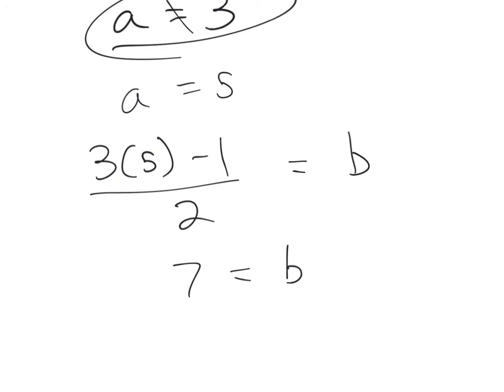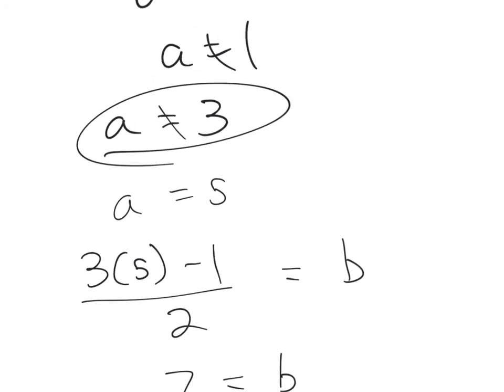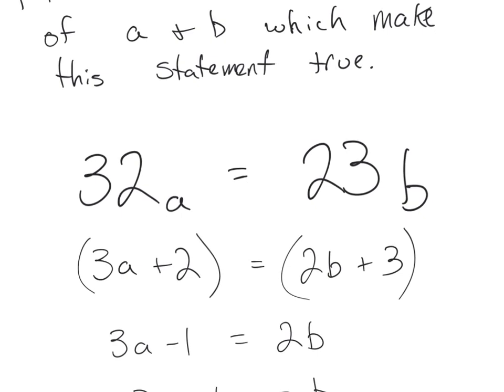Is there any problem with saying that this first one is in base 5, and this one is in base 7? Well, there's no bigger digits in either one of these than 5, and there's no bigger digits than 7 here. So yeah, that works. So your answer is a is equal to 5 and b is equal to 7.